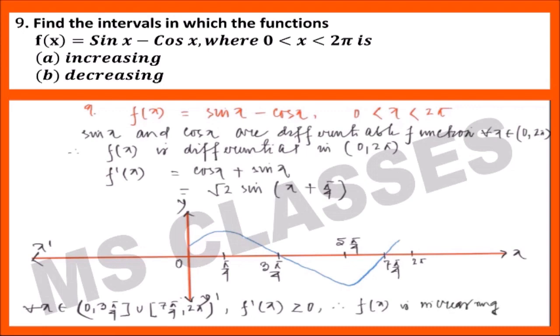Now, for this part from 3 pi by 4 to 7 pi by 4, f dash x is less than 0, so it is decreasing. In this part, f dash x is less than 0, so the function will be decreasing. So we write it down.